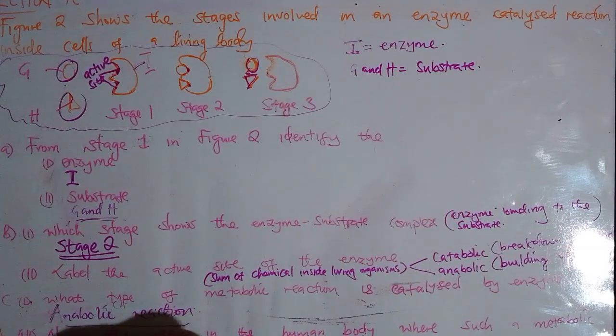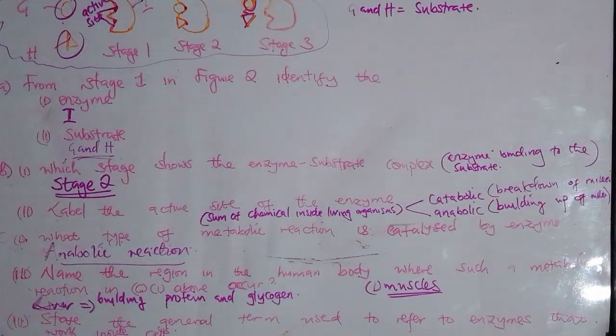So an answer you can give is either muscles or liver. These are the 2 places in which what? Anabolic reaction takes place.